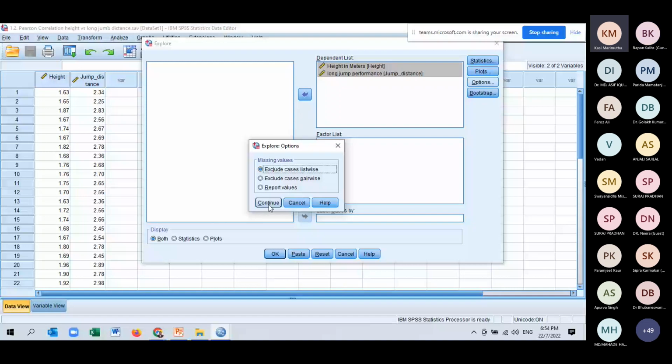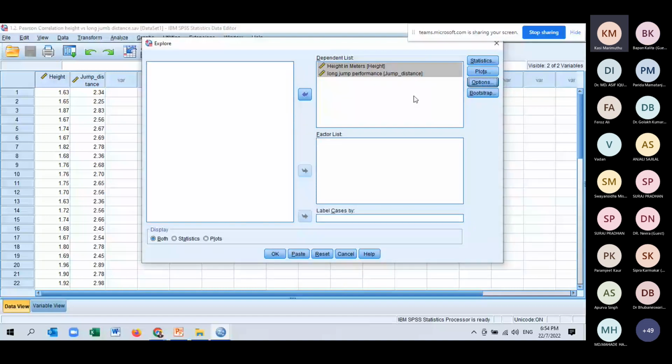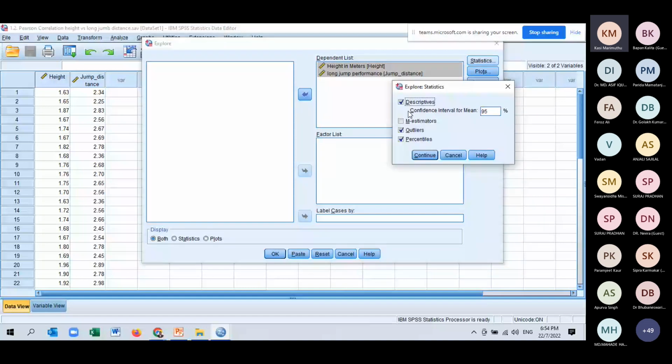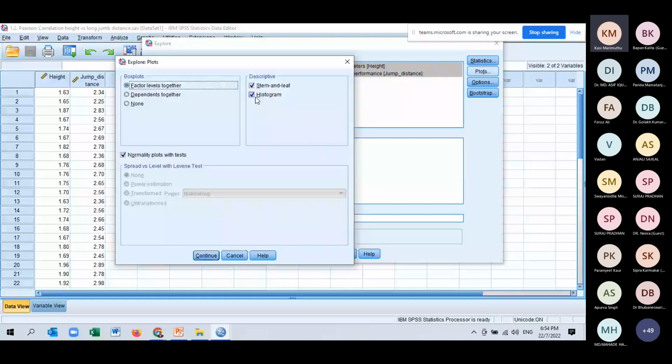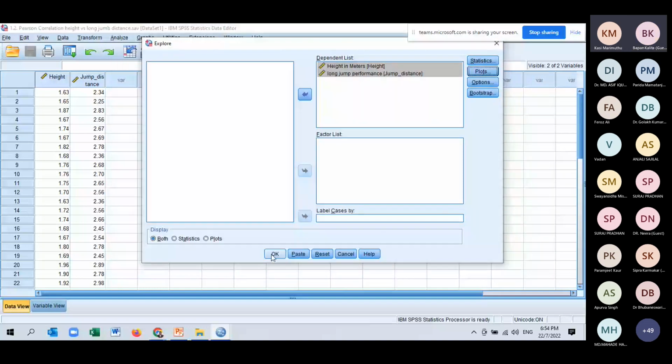So what I did: I transferred the variables, in Statistics I kept descriptives, which is chosen by default, plus outliers and percentiles, and in Plots I chose histogram and normality plots with tests. SPSS will give you a lot of data for us to infer whether the variables are normally distributed.